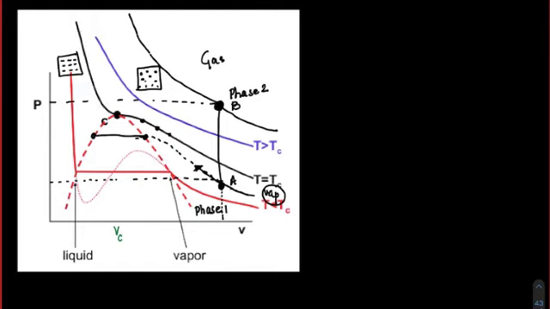You can see these are all various points where liquid is in equilibrium with gas. This was the critical temperature point. So it is in equilibrium here. This is liquid, this is gas. So this is a liquid-gas equilibrium which exists.